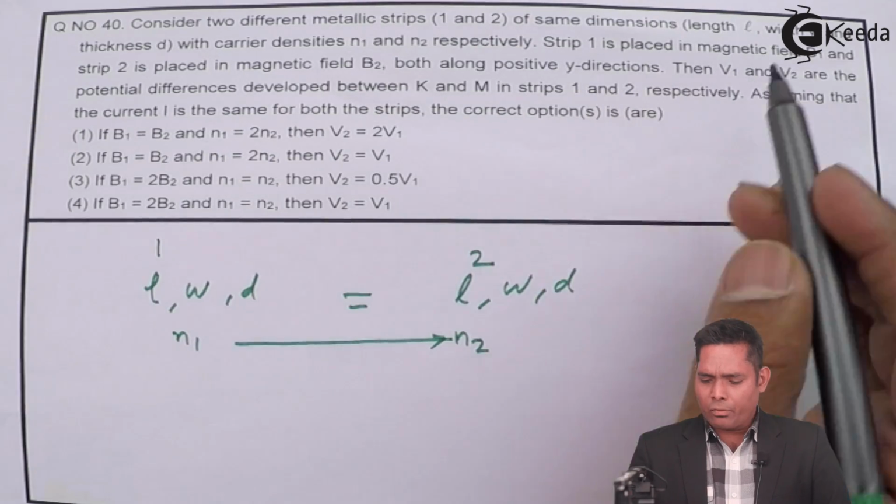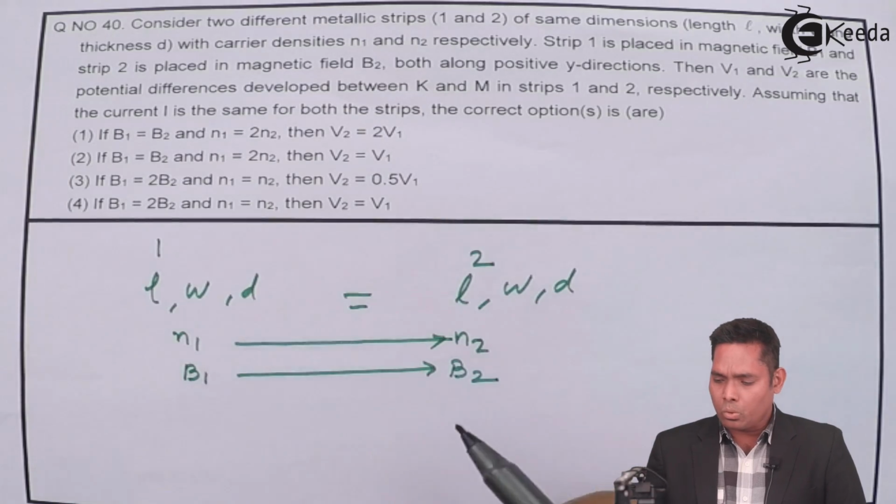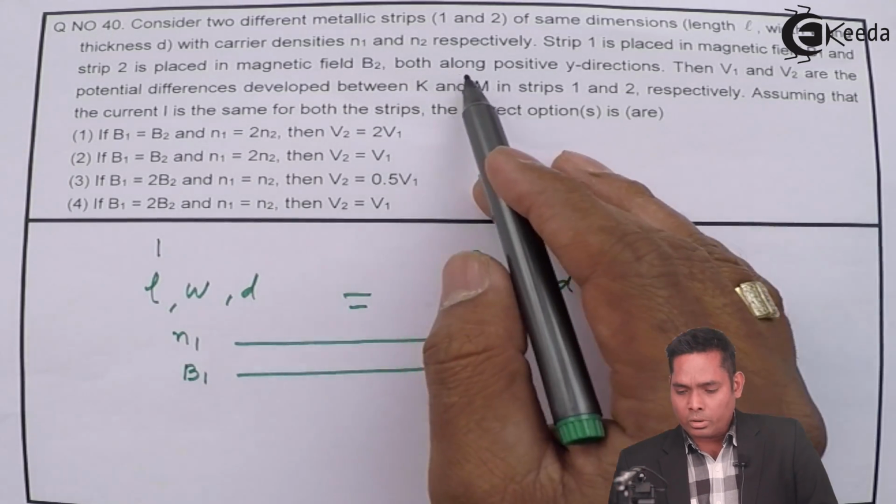Strip 1 is placed in a magnetic field B1, and strip 2 is placed in magnetic field B2, both along the y direction.